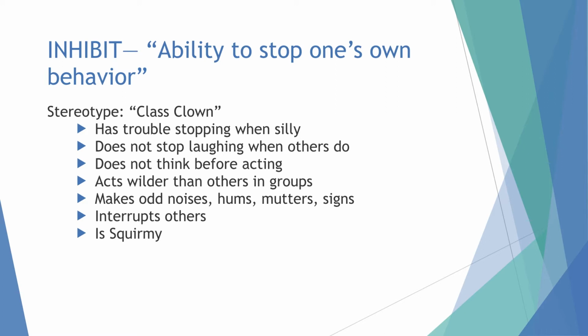So you'll see like the class clown is kind of the stereotype, because these kids act wilder in groups than others. They don't stop laughing when other kids stop laughing. They're silly. They make noises and hum and tap. They easily interrupt others. Sometimes they don't think before acting. So this is the ability to inhibit or stop one's own behavior.